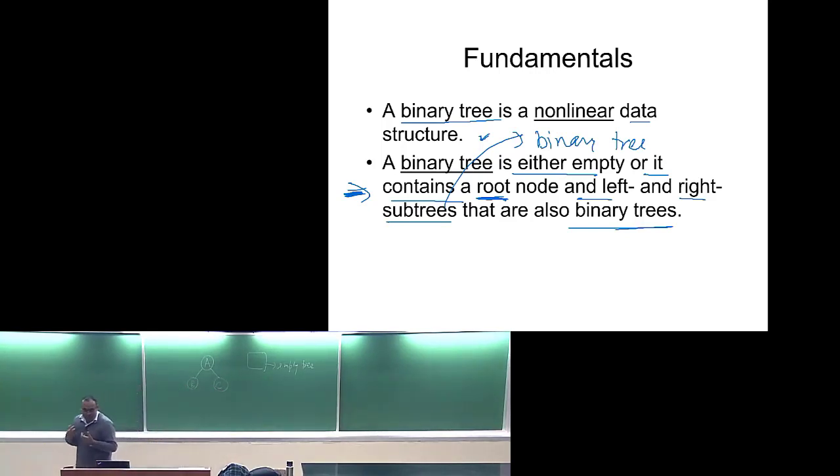I did use the term tree loosely. I should be using binary tree only. We can have general trees with more than two children, but we will be learning about binary trees only, right? So, binary trees, okay? Questions?